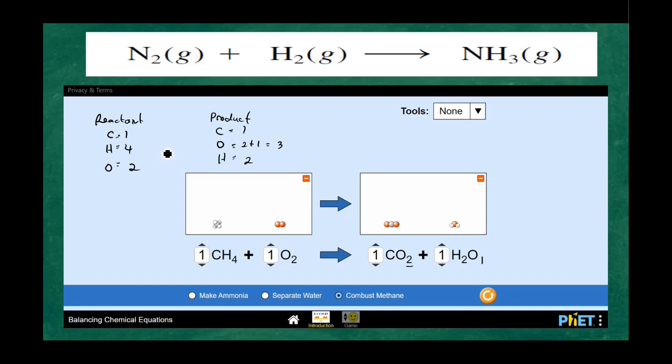Say, if we reach 12, when we multiply it by 3, these hydrogen atoms will be 12 and this one will become also 12. So let's multiply it by 4 and this one by 3. So now we have 12 atoms of hydrogen and 12 atoms of hydrogen. Now it is equal. Oh, sorry. I'm so sorry. It is not.